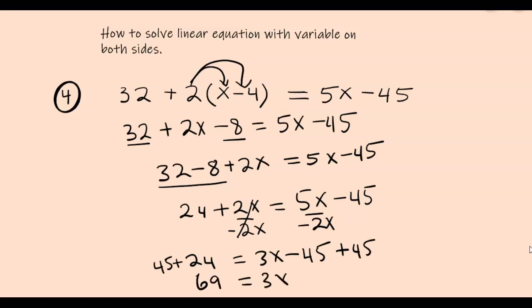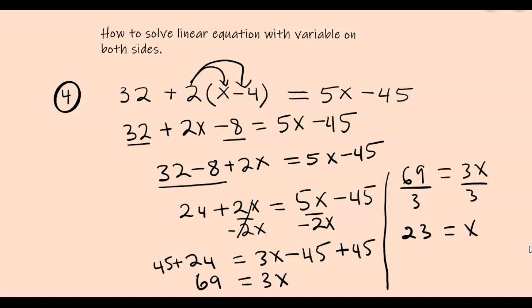We get 3x here. So 69, 3x, divide both sides by 3, got 23. And if you want, you can write the x first. It's equal to 23.